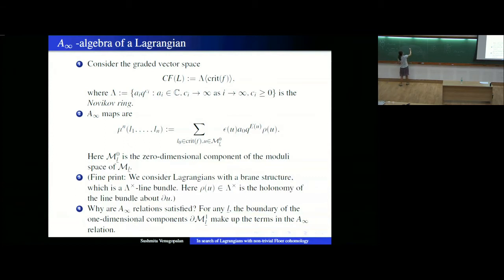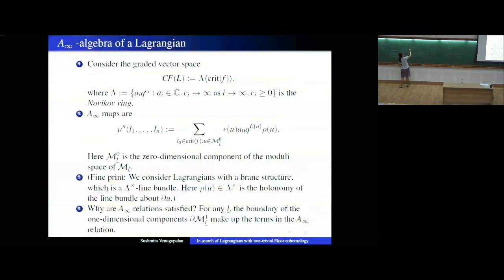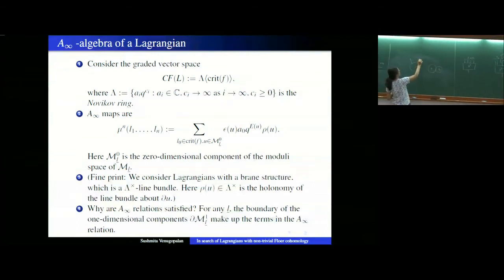It means that suppose I have certain configurations, okay? U is of a certain homotopy type, so that this moduli space has dimension 1. Then these kinds of configurations, sorry, let me draw it some other way.